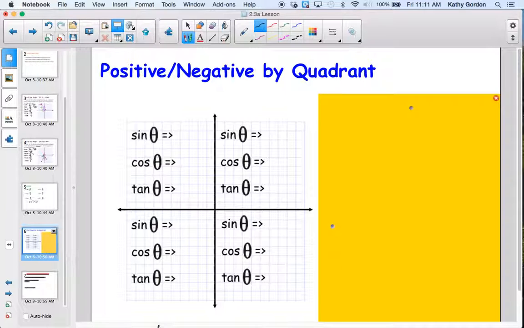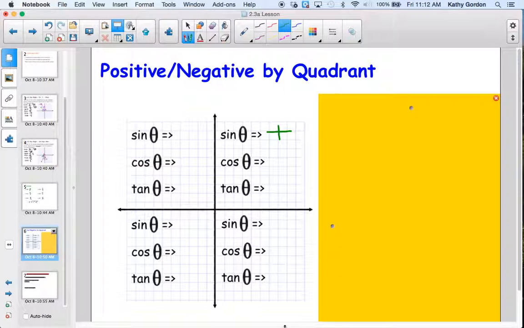Positive. What about r? What's r always going to be? Positive, because it's the square root of x squared plus y squared. So no matter what x and y were, when I squared them, they became positive. Okay? So if I take y over r, y is positive, r is positive, then sine's got to be what? Positive.